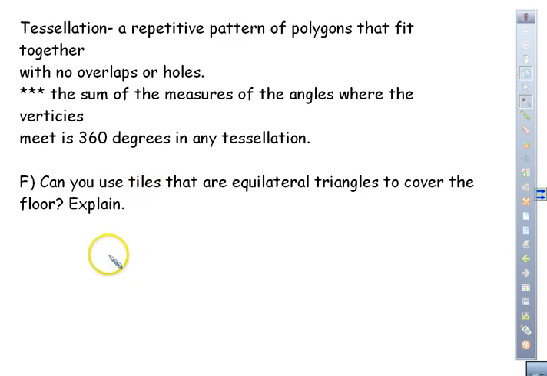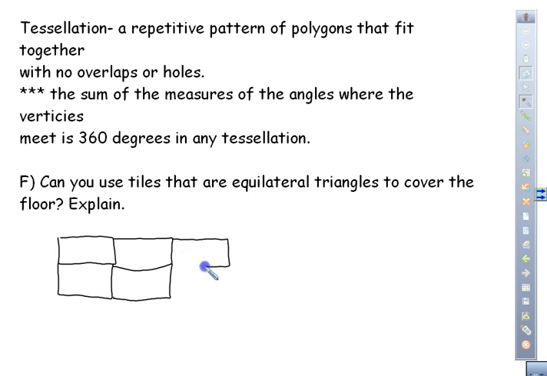For example, if they were rectangular or square, any of those would work. We're going to use rectangles. And if we were to lay them out like this to cover a floor, you can see how that floor would begin to look.